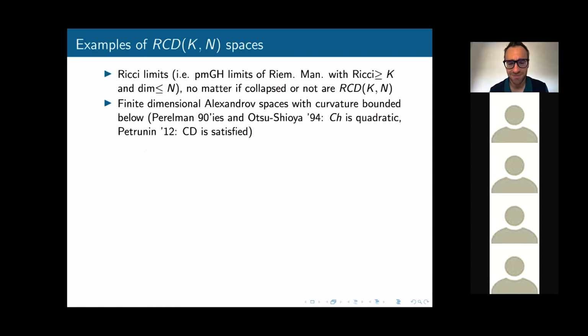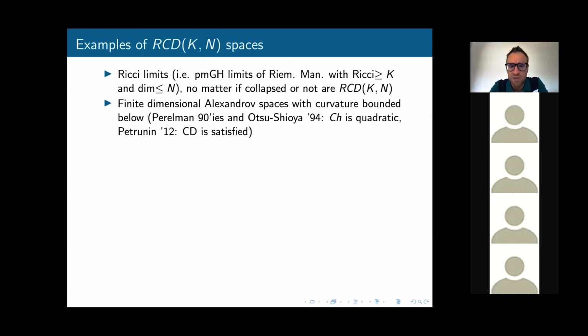Sorry? There are two questions. Are there more issues by considering non-branching spaces? There are a lot more issues, but it depends on which statement you are referring to.